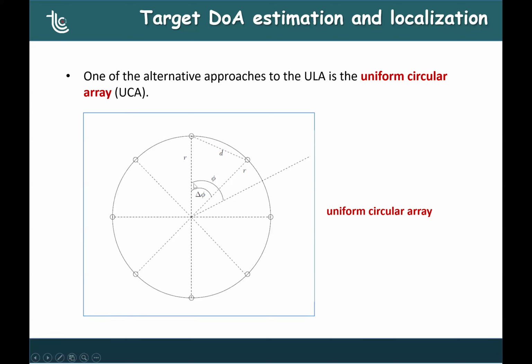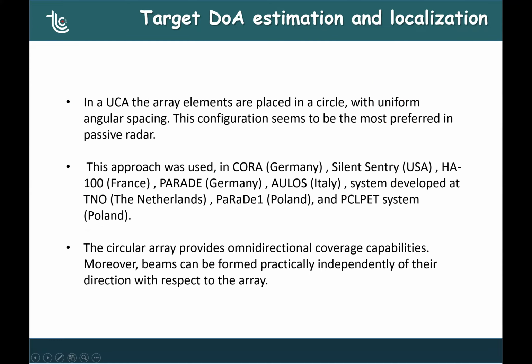And then you see that the radius is R, and we have multiple elements, okay? Why do we use the UCA? We use the circular antenna because practically the circular array provides omnidirectional coverage capabilities. So practically the beams are quite similar independently of their direction with respect to the array, okay?